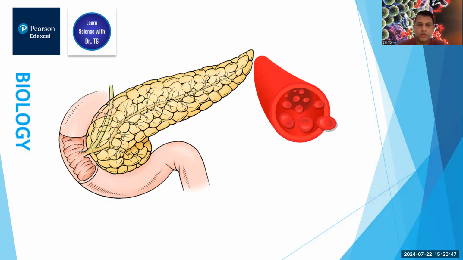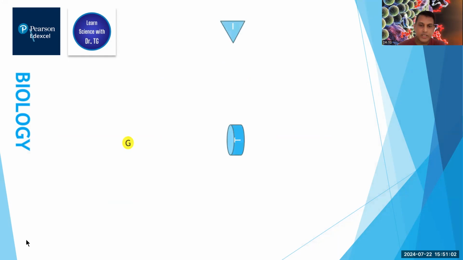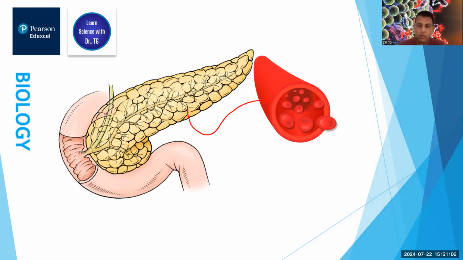So here we focus on insulin. When insulin is secreted, it can directly enter into the bloodstream. So when insulin goes to the blood, insulin can distribute all over the body. And what is the function of insulin?